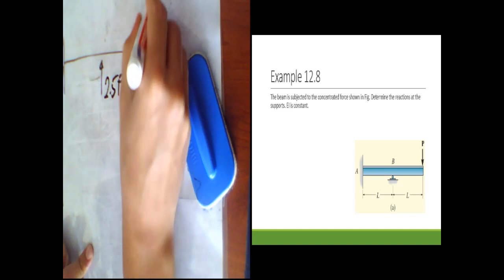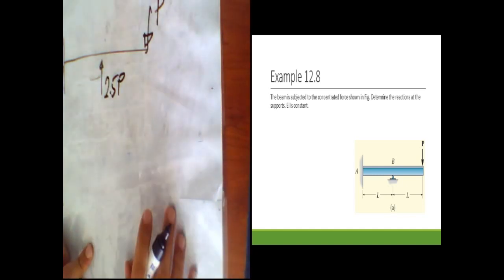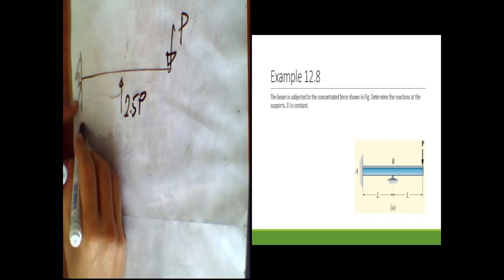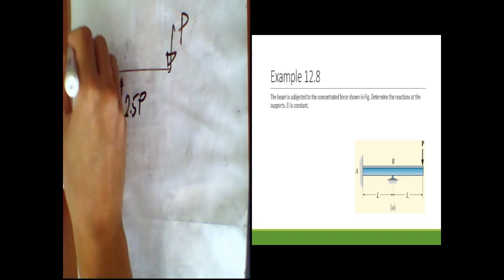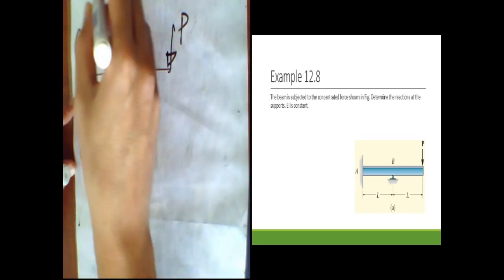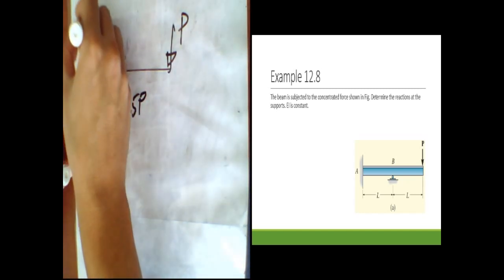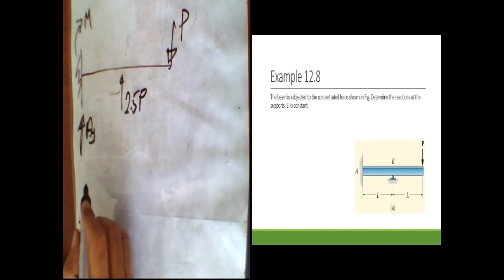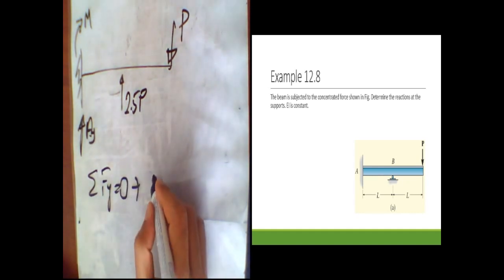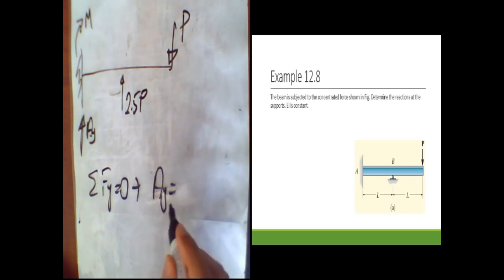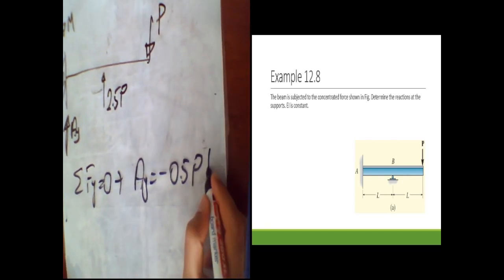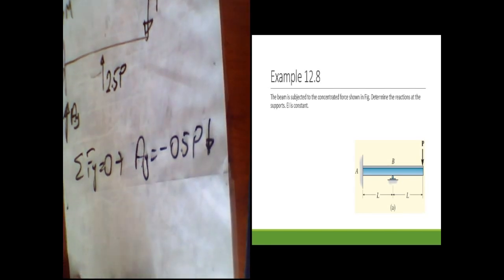This is the P. So I can easily find the support reactions AY and M. I think M should be in this direction. So sigma Fy is equal to 0. I can say AY is equal to minus 0.5P. In other words, AY is in the downward direction.